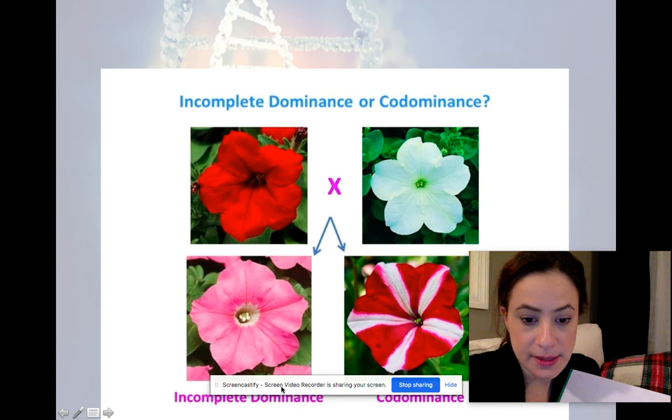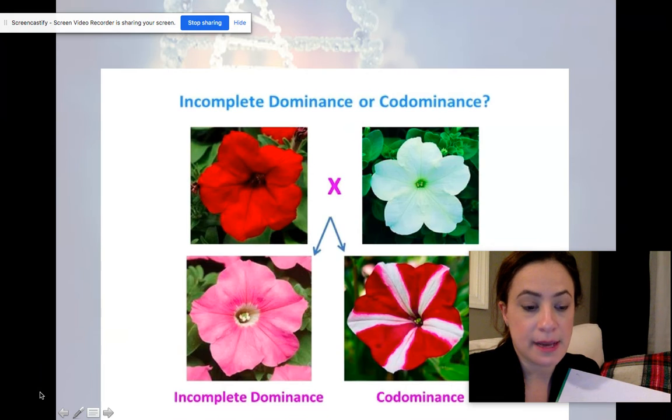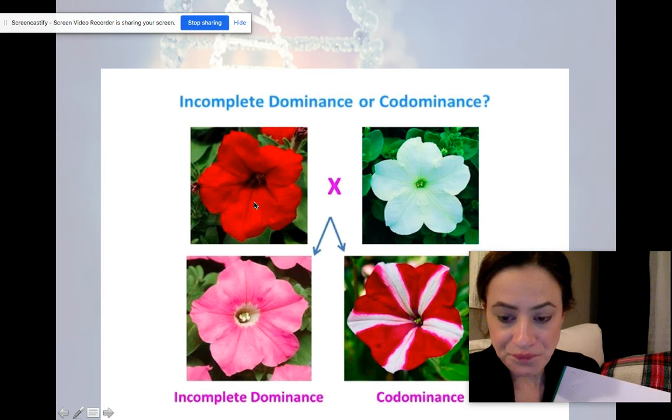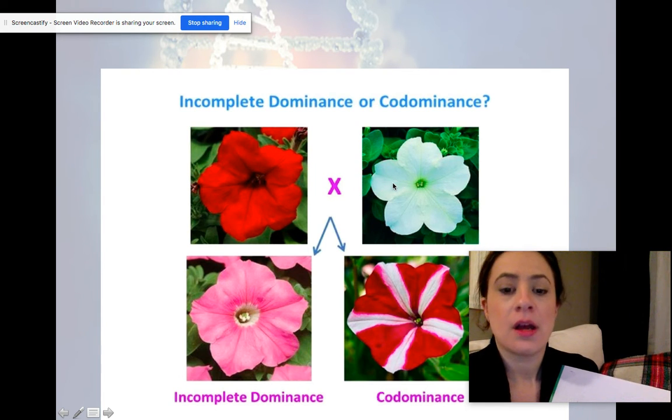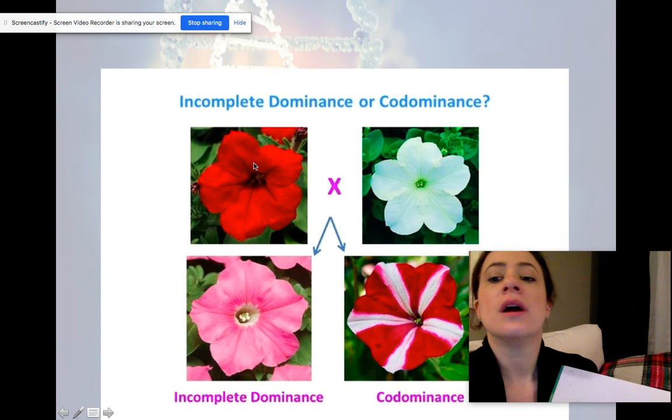In incomplete dominance, if we take a red flower and a white flower, the offspring will show a blending of the two traits. So we would see something like a pink flower.